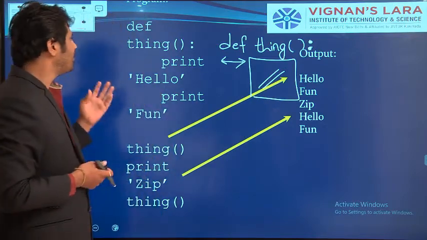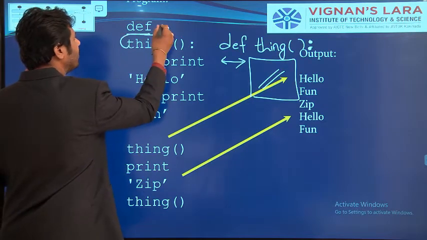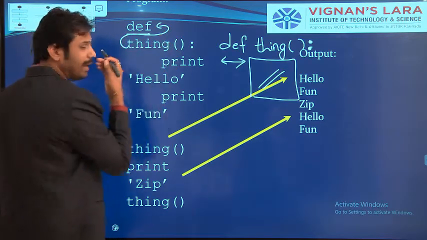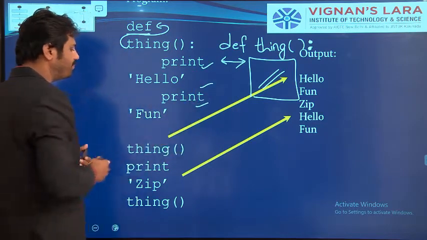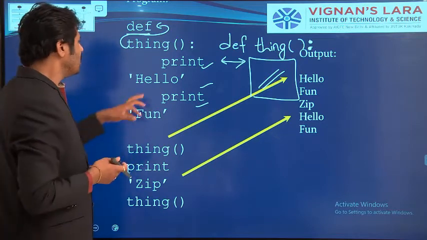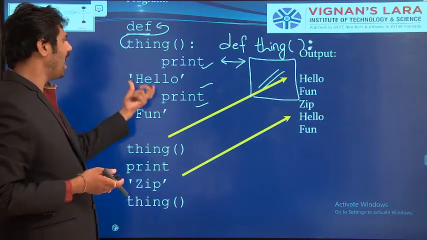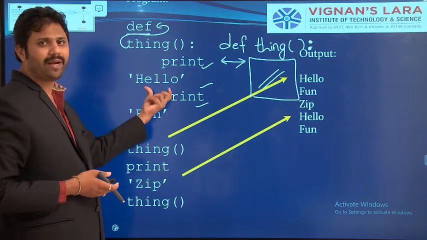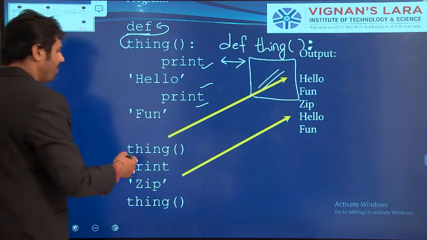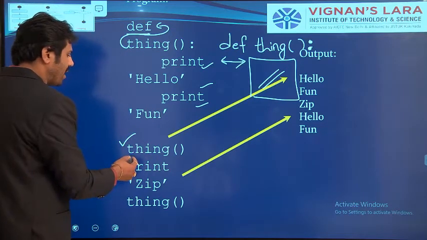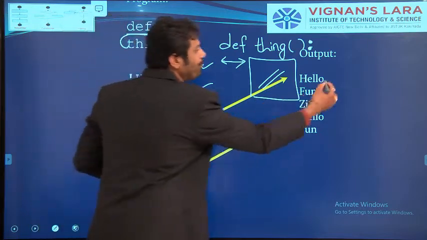Let us see a small example. Def thing, and print something. I wrote the statement print something. Here we are going to print hello. So let us see what happens when I use this function thing: it is going to print hello.